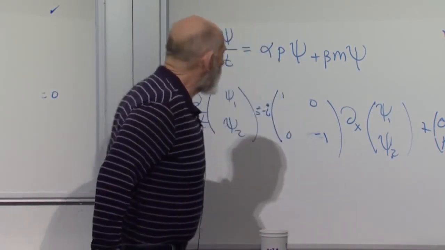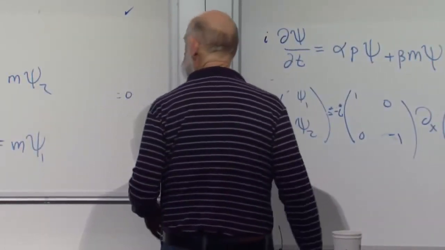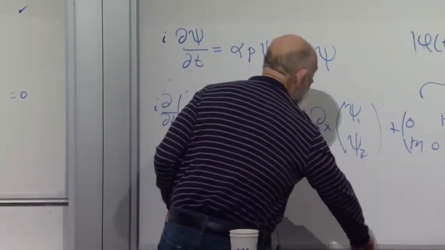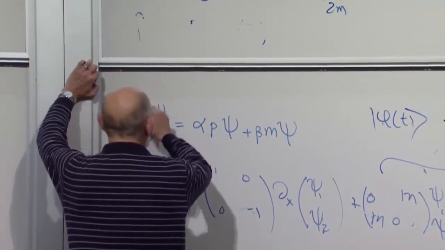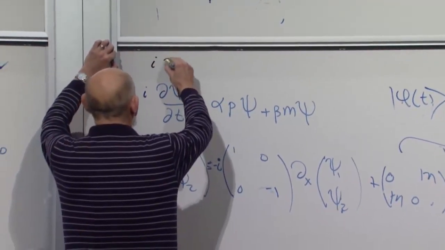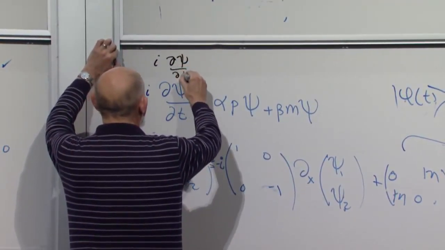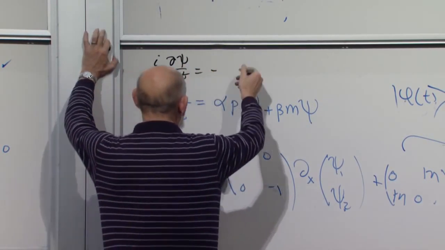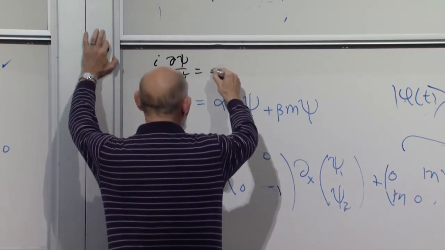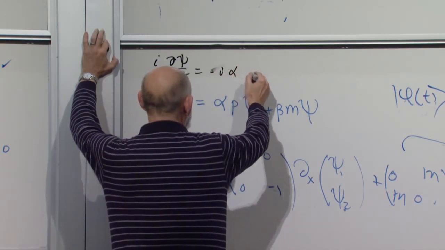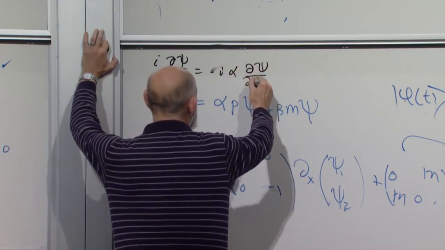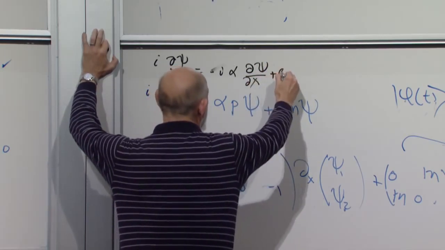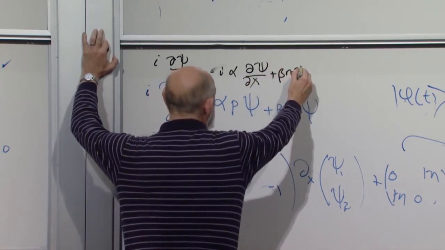The usual equation, no. The Dirac equation would be written this way. I d psi by dt is equal to minus I alpha d psi by dx plus beta m psi.